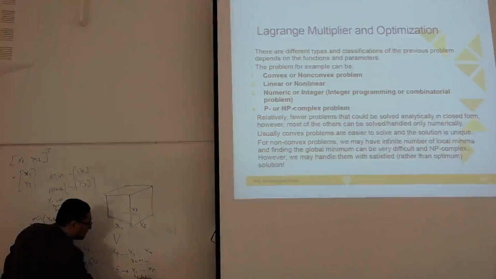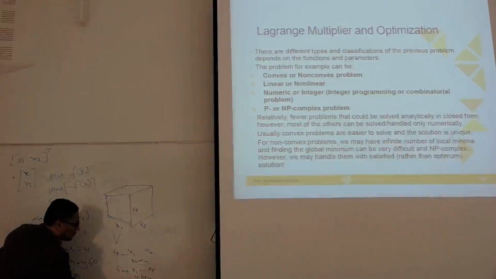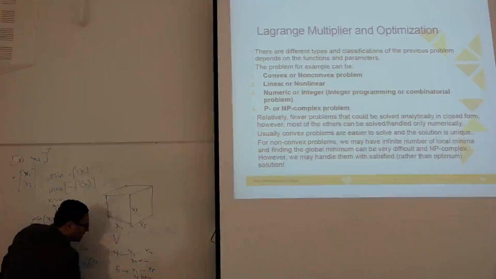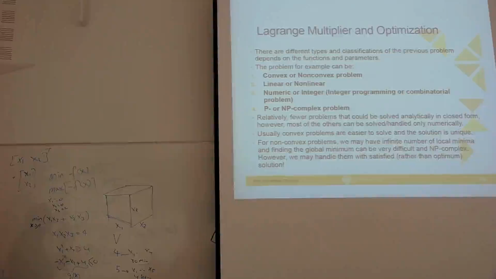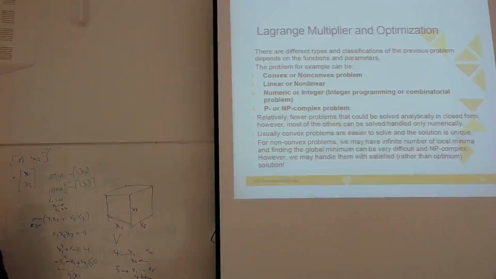If you have 10 parameters, from x1 to x10, then you will need something like 20 years to solve the problem. If it is 15 parameters, maybe it becomes 1,000 years. So the problem complexity increases very, very fast. You cannot have a polynomial function representing the computation required to solve the problem.